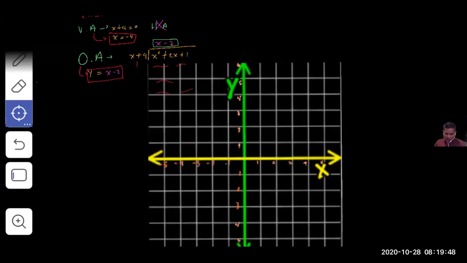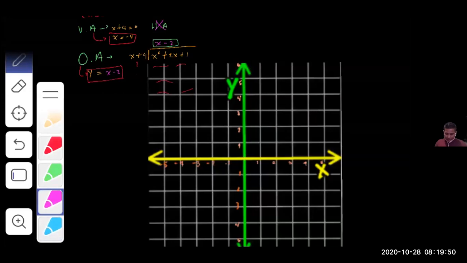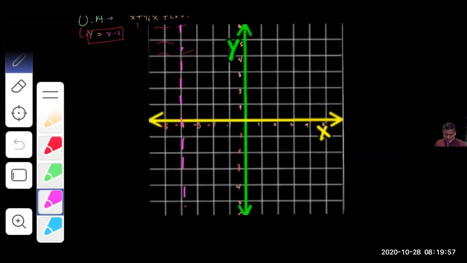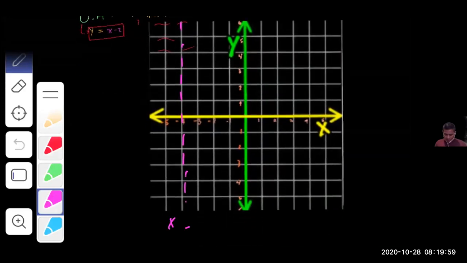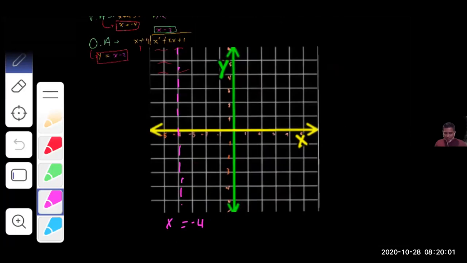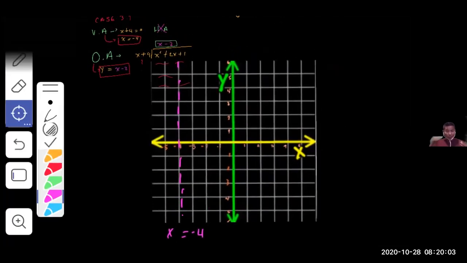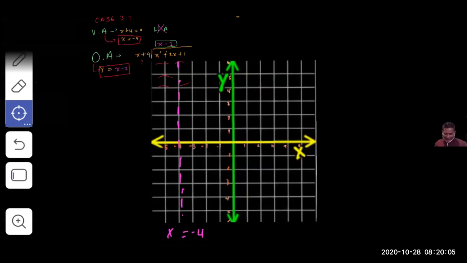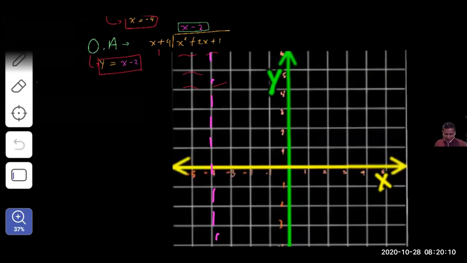I'm going to represent that: x equals -4. We don't have a horizontal asymptote, but we have a slant or oblique asymptote.